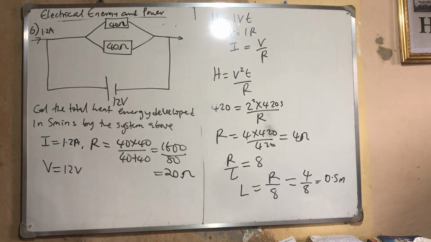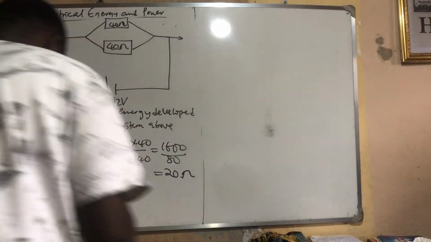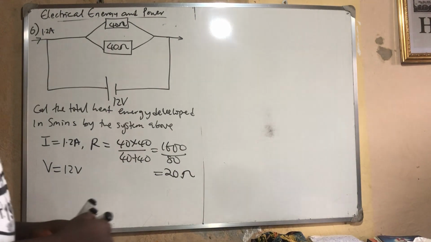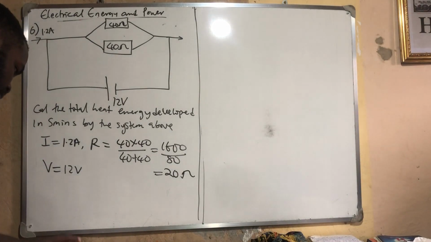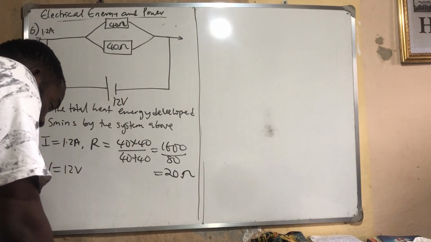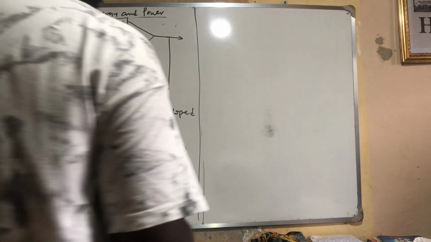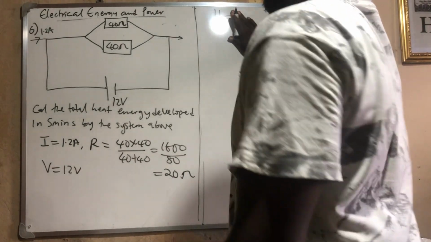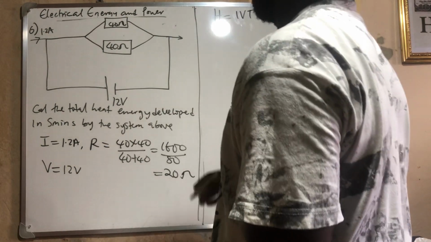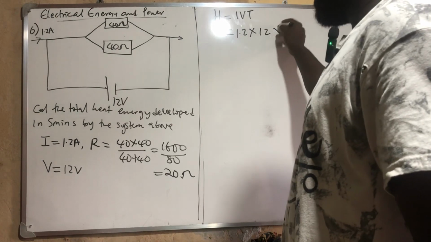Okay. So what else? I have my V as 12 volts. They say we should calculate energy, and energy is heat energy. So don't forget that V is equal to IR. So the heat energy H is equal to IVT, which is my I, 1.2, times my V, 12, times my time.